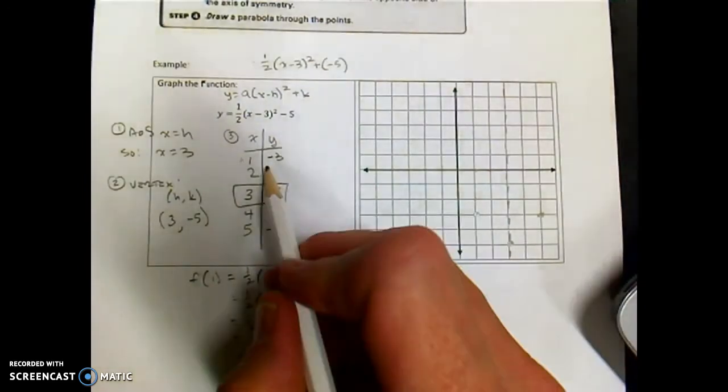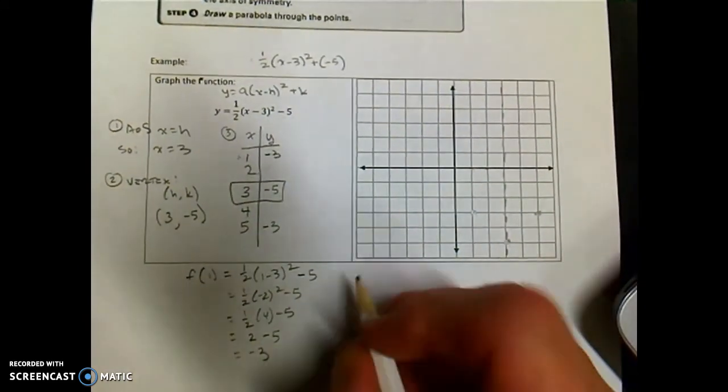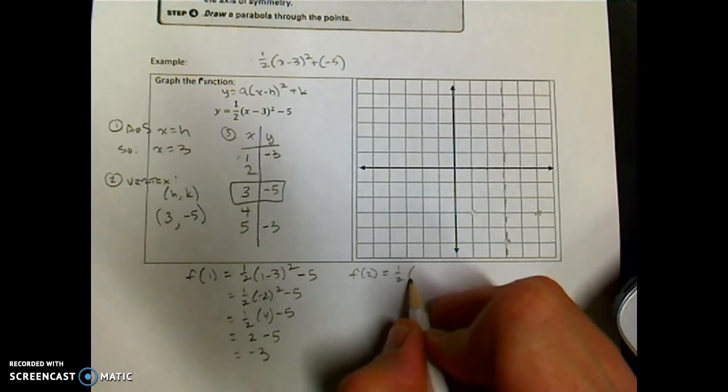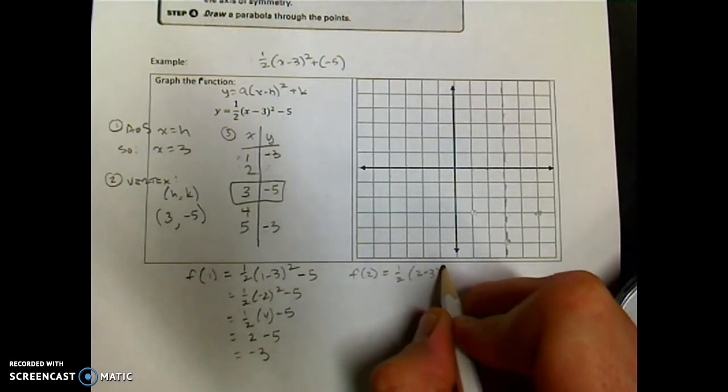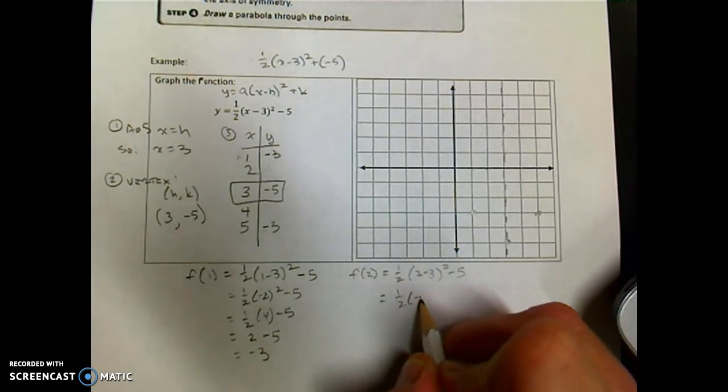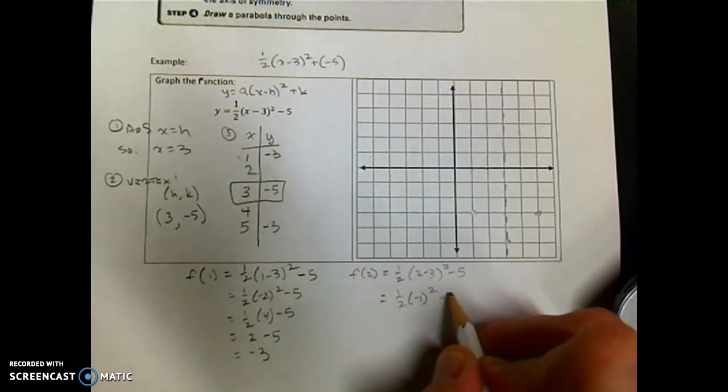Now we go back and let's insert in 2. So f of 2, I have half of negative 1 squared minus 5.